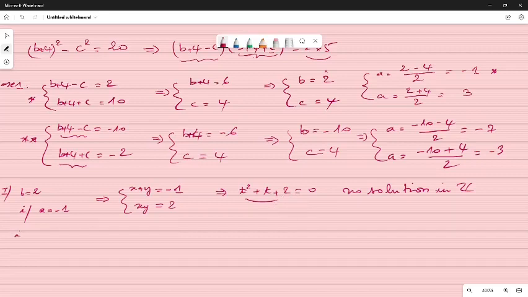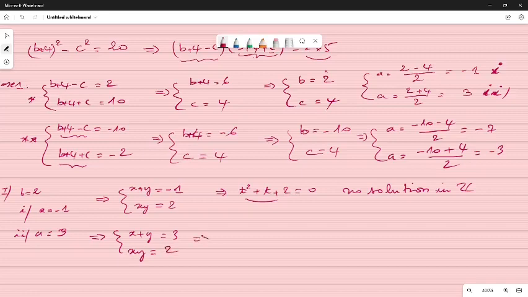We go to the second case, case 2, where a equals 3. So this implies x plus y equals 3 and xy equals 2.